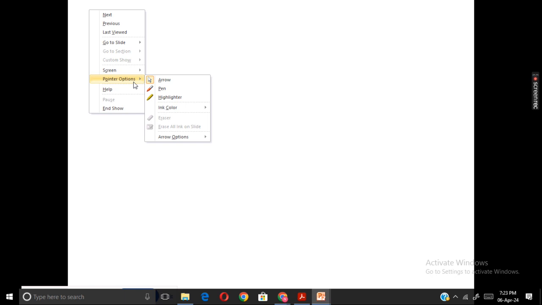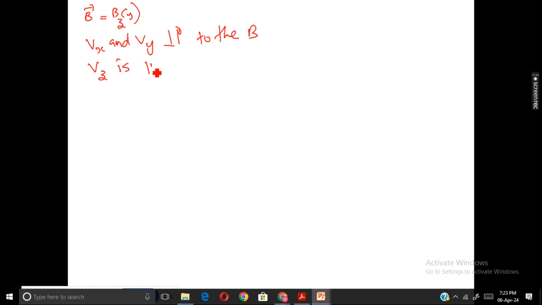So here, Vx and Vy, as we said, since the magnetic field is acting along the z direction, are perpendicular to the magnetic field B, whereas Vz is parallel to the magnetic field. So it is not being altered by the magnetic field.